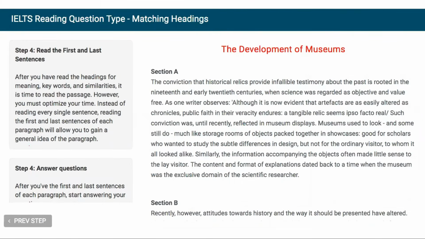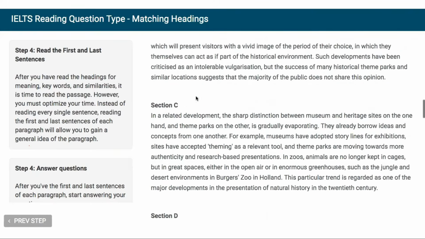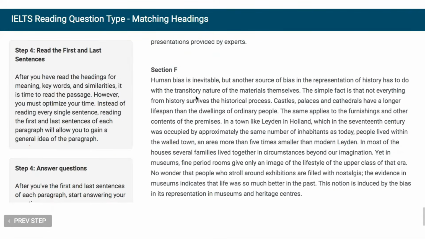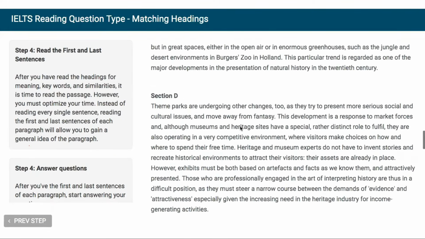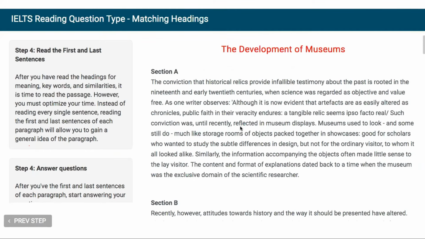So reading the first and last sentences of the passage. So we've read our headings for meaning, we've looked at keywords, we've looked at the similarities and the differences. Now it is time to read the passage. Very exciting. So again, remember, you do not want to read all of this information because it'll really take up your time, it's unnecessary, and it's really not going to help you answer the questions.